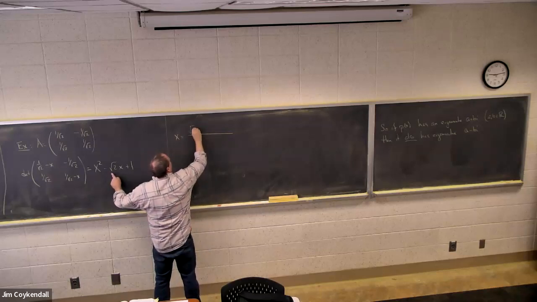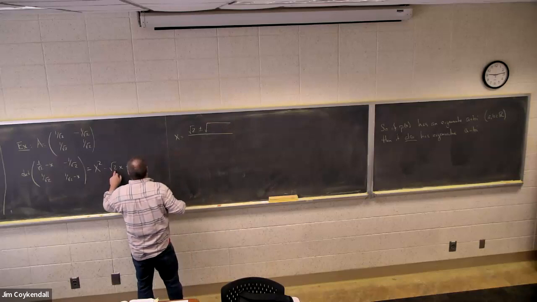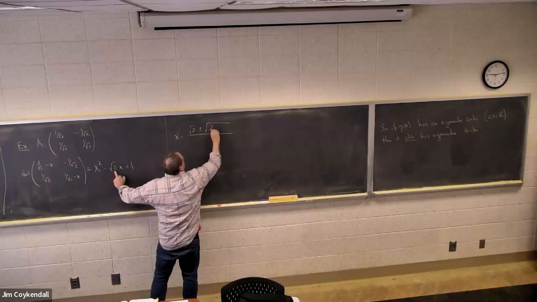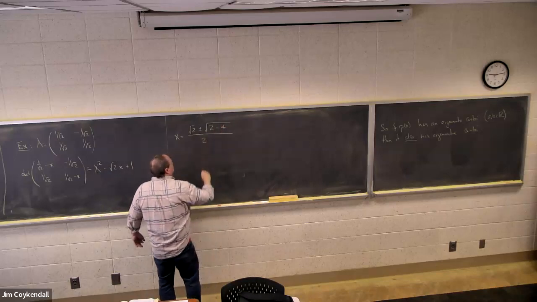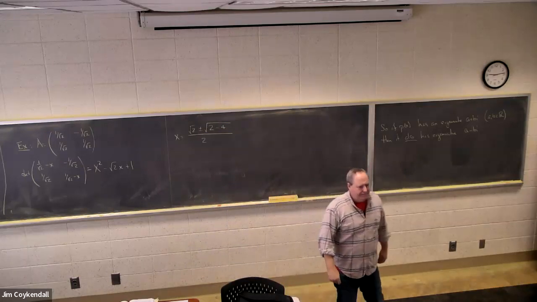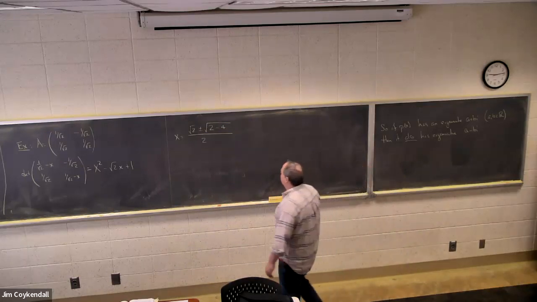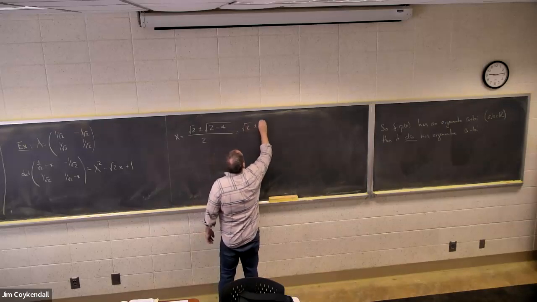That's going to be radical 2 plus or minus the square root of radical 2 squared minus 4, over 2. All right, agree with that? Let me clean this mess up a little bit. It's radical 2 plus or minus radical negative 2, over 2.